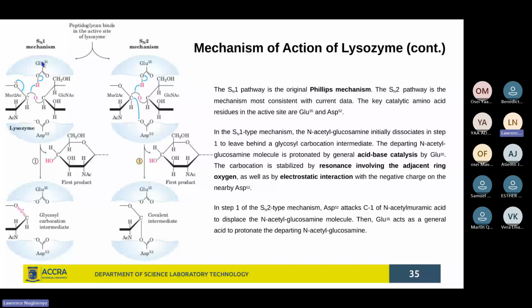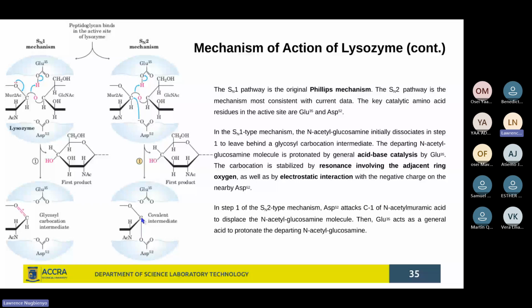You see the same thing in the second part: that hydrogen from glutamic acid in the active center goes with the second product, which is N-acetyl glucosamine. And then you see still aspartic acid in the product on the right-hand side is having some covalent intermediate, forming a covalent bond with that first carbon.